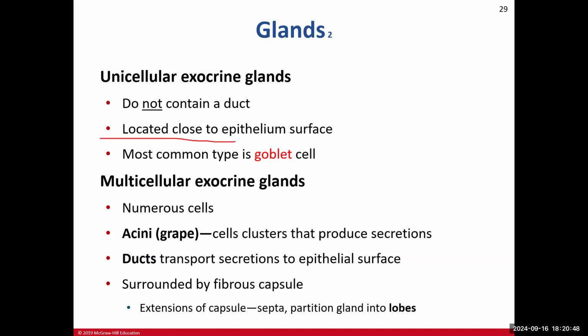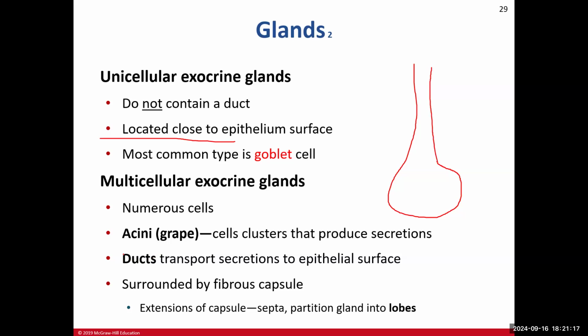But now let's get into the multicellular exocrine glands. So obviously, when you see that word multicellular, you're going to think that there's multiple cells involved, and that's what you'll see here. So there's two parts to the gland. You're going to have the part that makes the secretions, and it looks kind of like a balloon. It's kind of expanded, and then it tapers down to a skinnier area, and it leads to a tube-like structure. It doesn't have to be long, but it's going to lead to a tube-like structure.